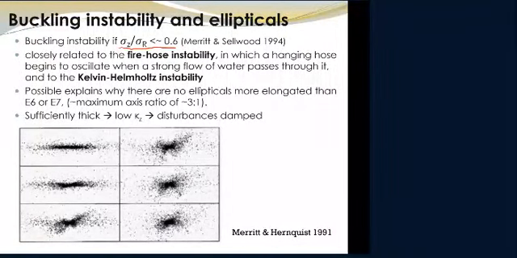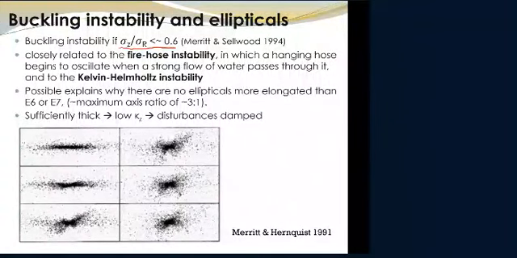This instability is very related to the firehose instability in plasma physics, where if you have a hanging garden hose and you put a strong flow of water through it, the garden hose will begin to oscillate. It's also very similar to the Kelvin-Helmholtz instability: if you have two fluids flowing past each other with horizontal motions, you tend to form this kind of instability.